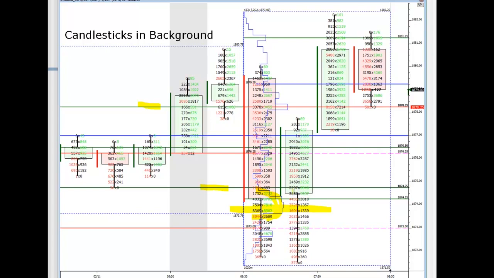So certainly, as I begin to observe that and I begin to see all the green on this right-hand side, I would feel a lot more comfortable about a long entry somewhere up here based on what I'm seeing as far as intense volume activity and order flow to the upside.